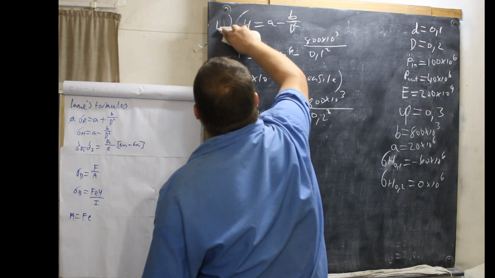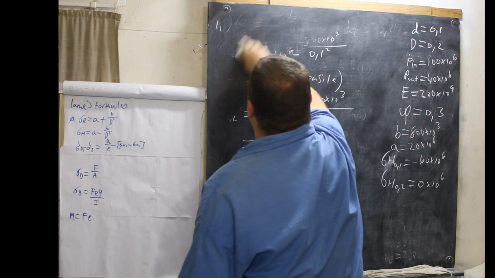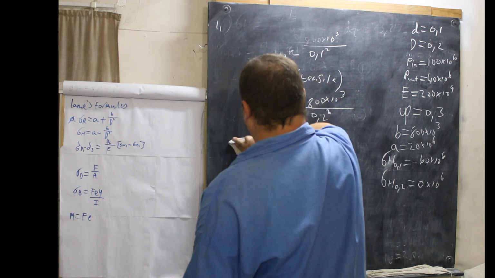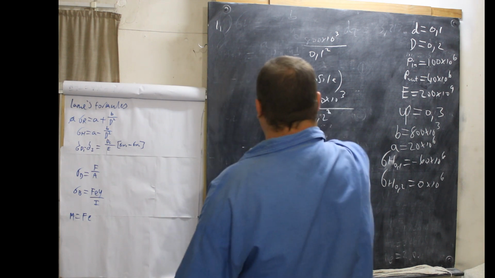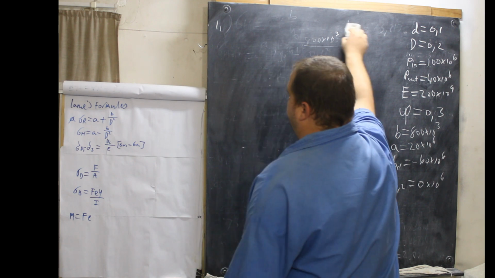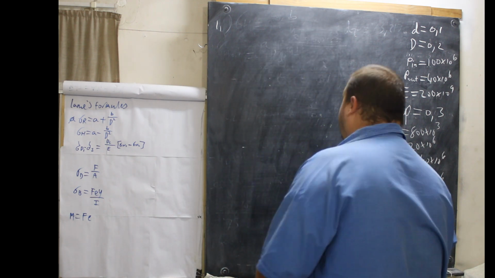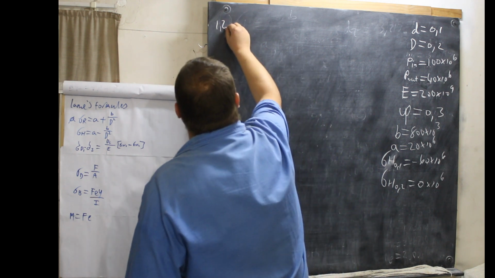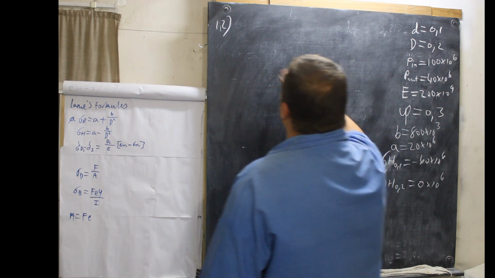Because when we go for 1.2, they're asking for the resultant internal diameter. How that works is quite a little piece of mathematics. So 1.2, the internal diameter, that's 0.1.